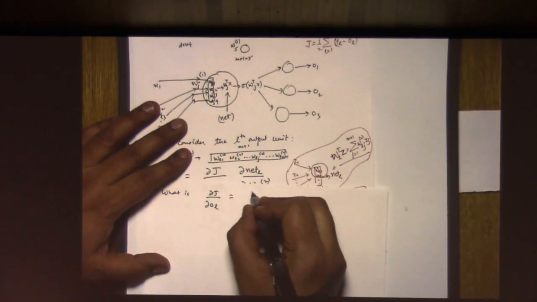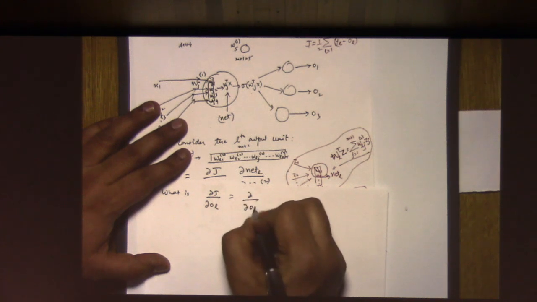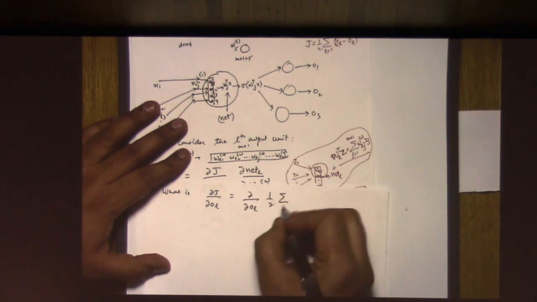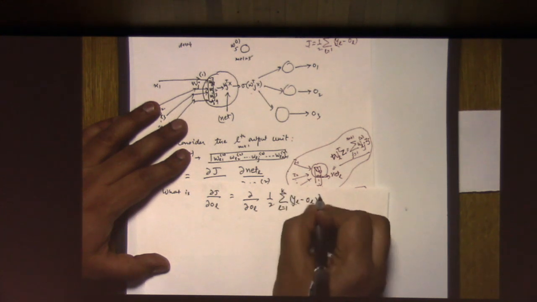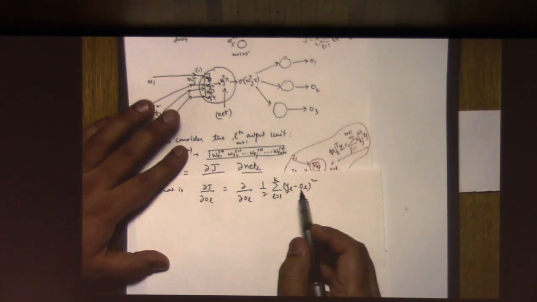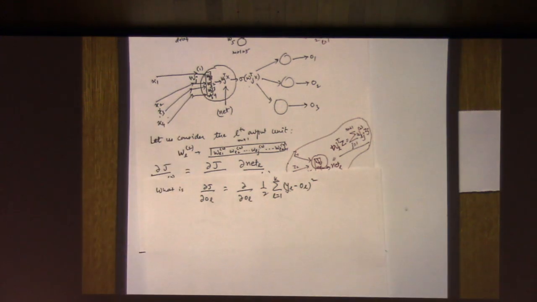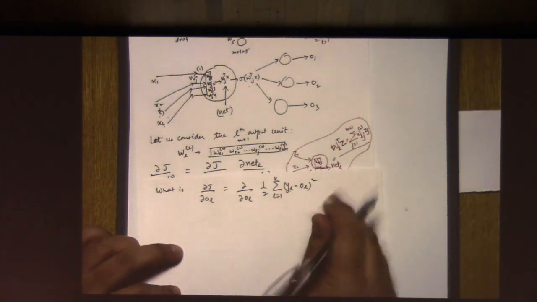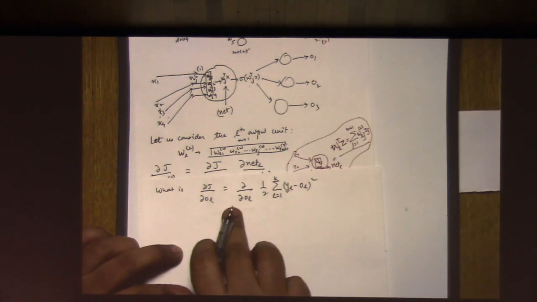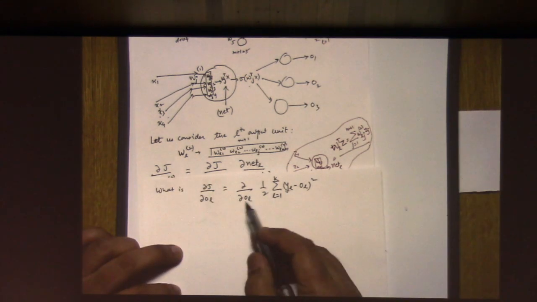Remember, J is nothing but this summation, so we have to compute d of O_L of half times the sum over L equal to 1 through k of (y_L minus O_L) whole square. Now, this is a summation, but only one entry in that summation depends on O_L. All the other ones do not. So when you open this summation and move this derivative inside, a lot of them will become 0.